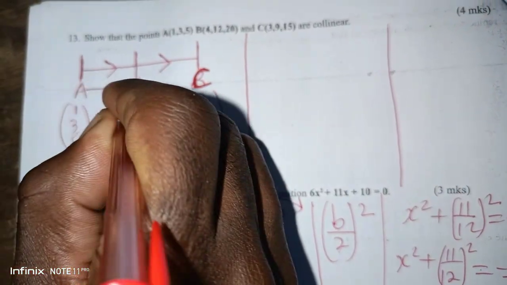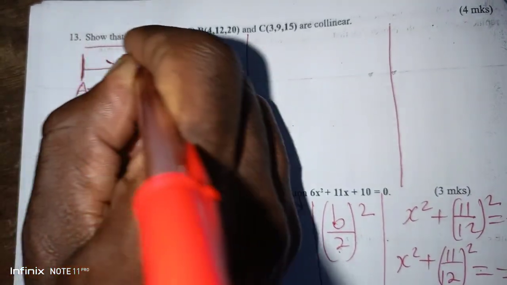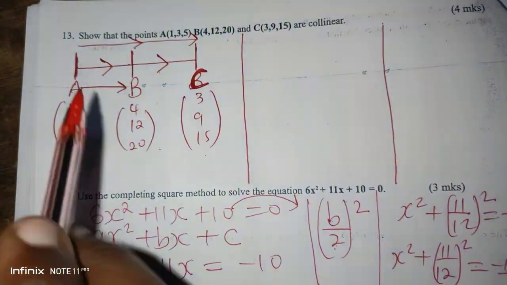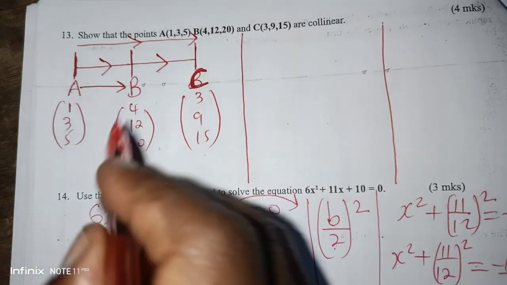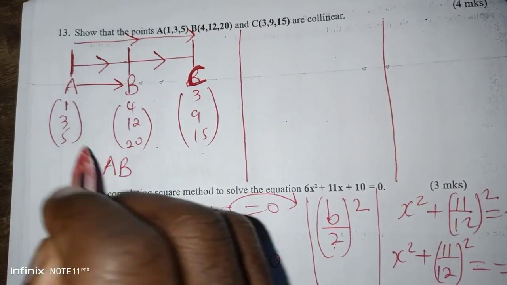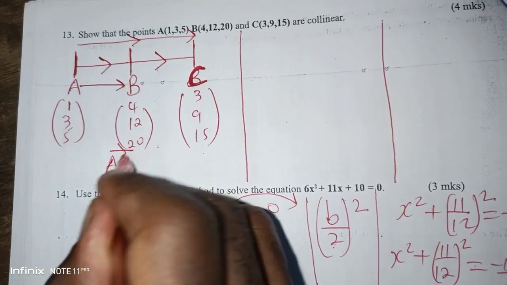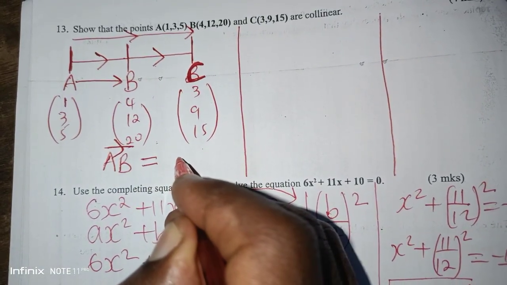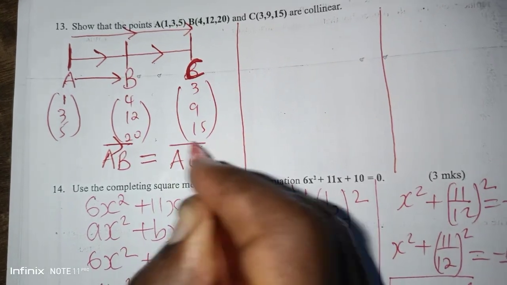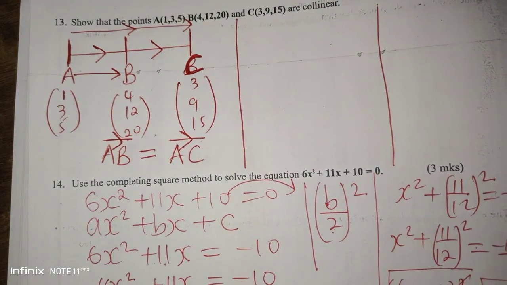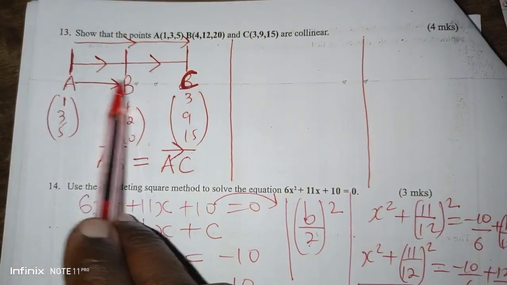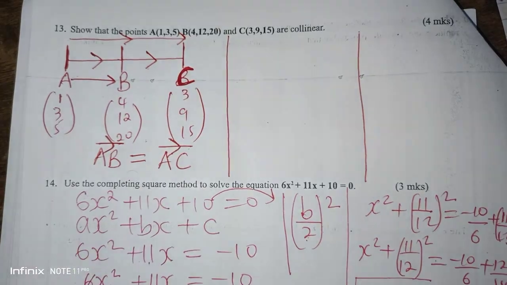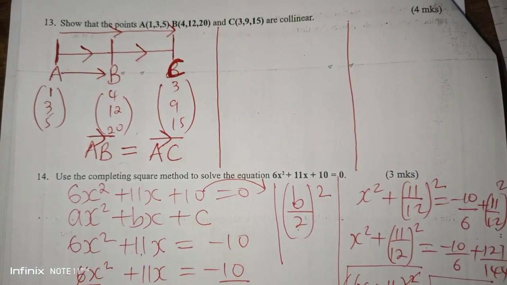I have a line from A to B and a line from A to C. So line AB is parallel to line AC, as you can see from these 2 arrows.